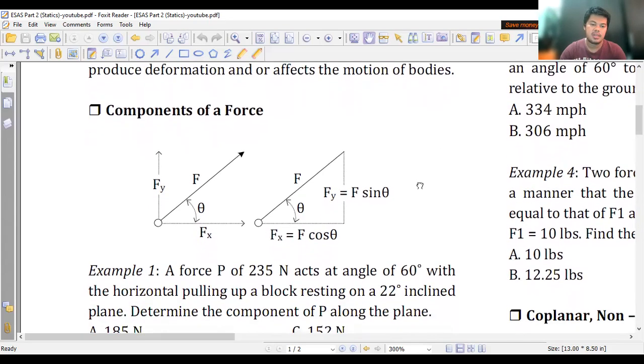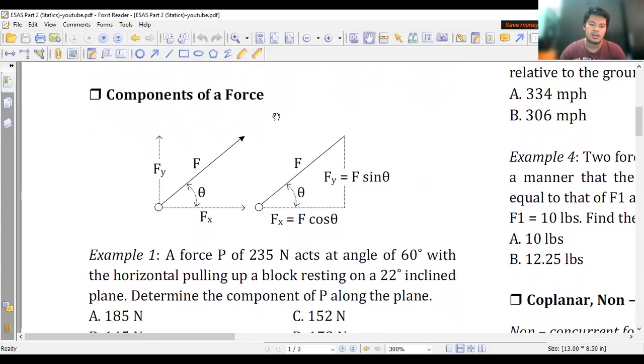And then we have the components of the force. Depending on what dimension we are referring to, for a two-dimensional system we have the x component and the y component of the force.